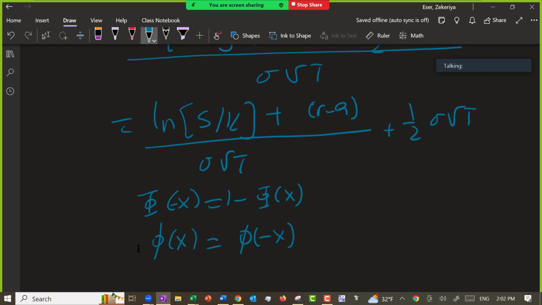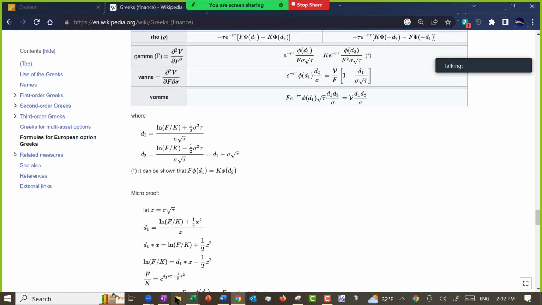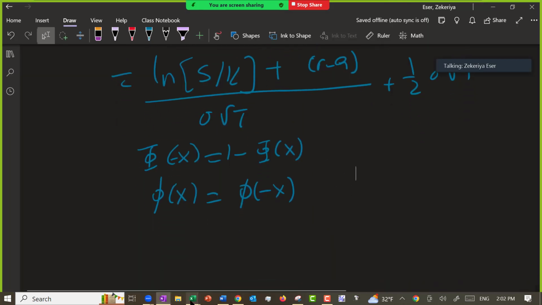So the PDF doesn't matter, the sign doesn't matter, but CDF is just 1 minus. Since I'm going to need those, let's calculate those two.